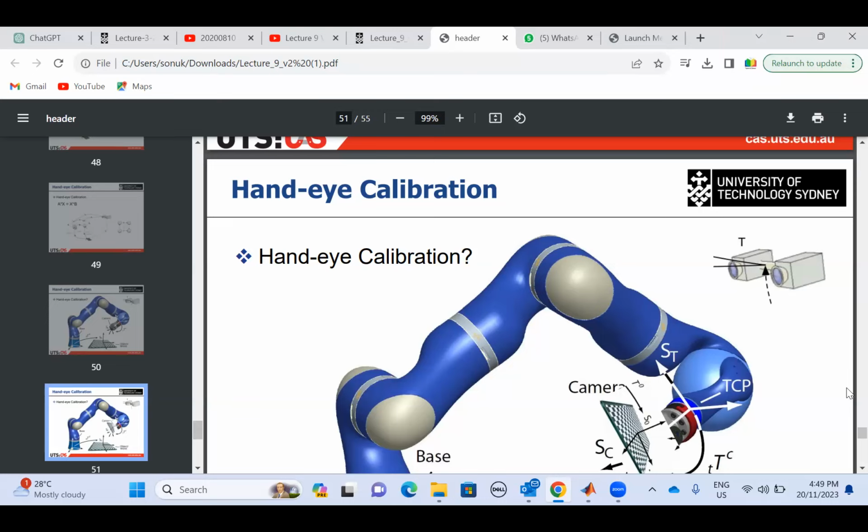And then you still have two corresponding sequences of poses. Yeah, exactly. And then you can still form the AX equal to XB problem. Okay, I get it now. And then you can get the relative pose between the checkerboard and the end effector. Yeah, I got it. Okay, cool. Great.